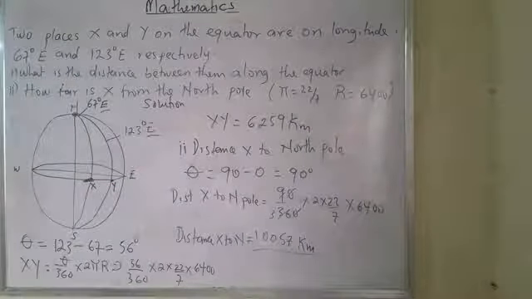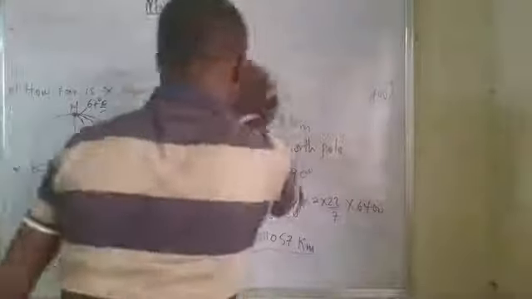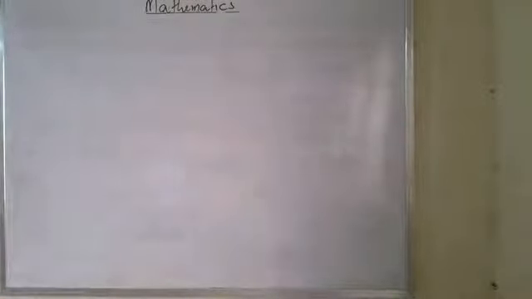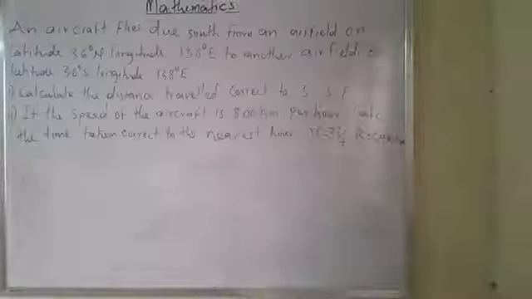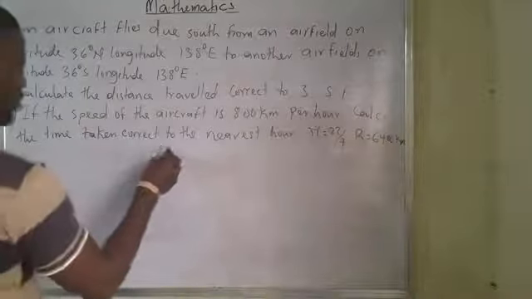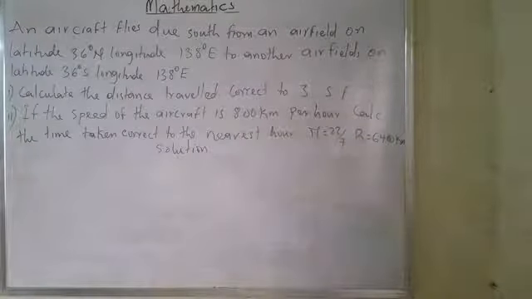Now, before I end this part, let me try to generate another example for better understanding. Look at this question. It's also a very simple one. Let's try to work on it. I'm interested in this question because it is in the form of a word problem.